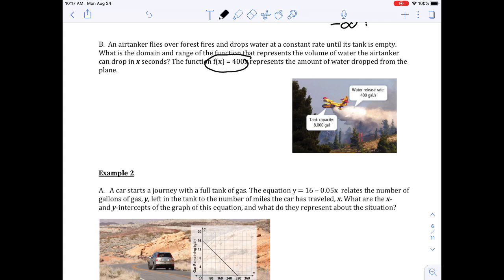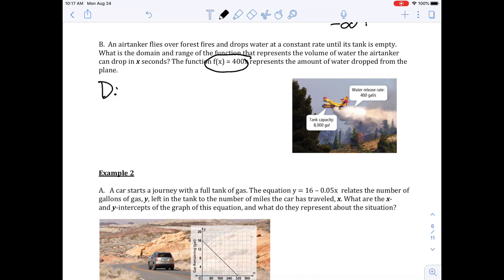The question is, what's the domain and range for this function? So it's a real-world application. Well, the air tanker has water in it, as you can see in the picture. And it cannot drop water for a negative number of seconds.